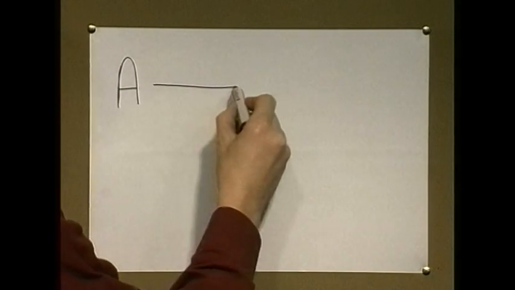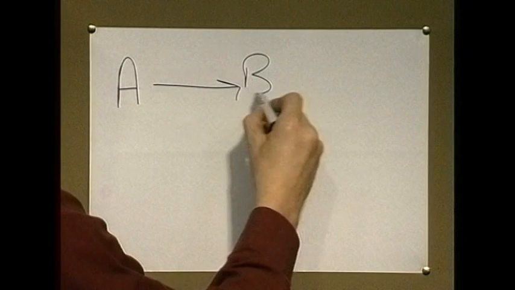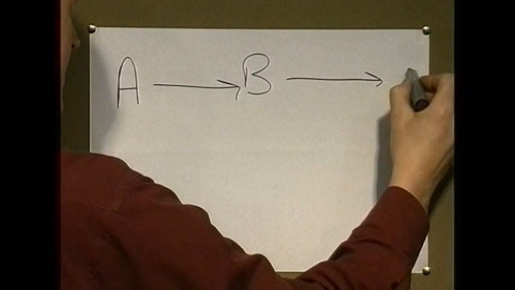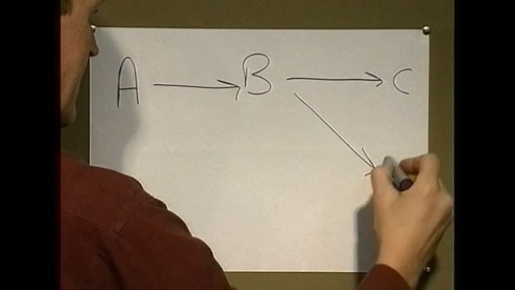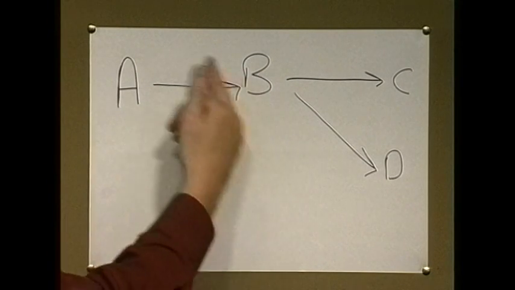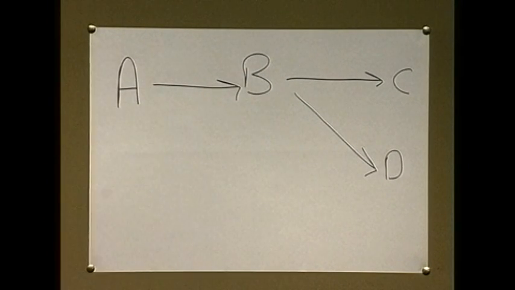So let's imagine there is substance A in the body. That must be broken down into substance B, and maybe substance B is broken down into substances C and D for excretion. Very often, the breakdown products of a drug are pharmacologically less active than the initial product, although that is not always the case.